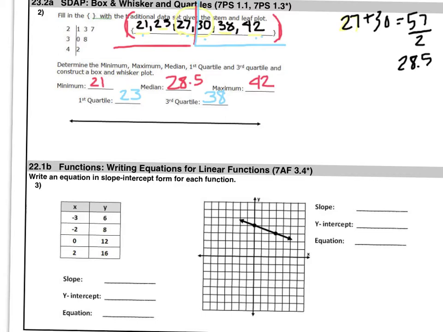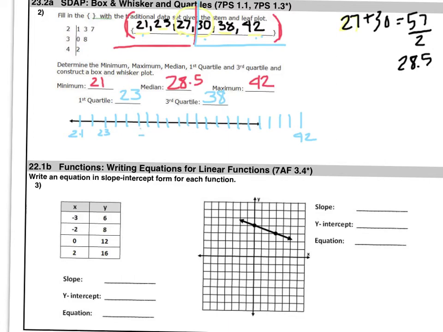And so I'm going to say that I have 21, 22, 23, 24, 25, 26, 27, 28, 29, 30, 31, 32, 33, 34, 35, 36, 37, 38, 39, 40, 41, 42. Okay, so this is number 42 down here. And this is 21 on this side. And really the numbers should all be written out, or at least the ones that are represented in your data chart should be written out.